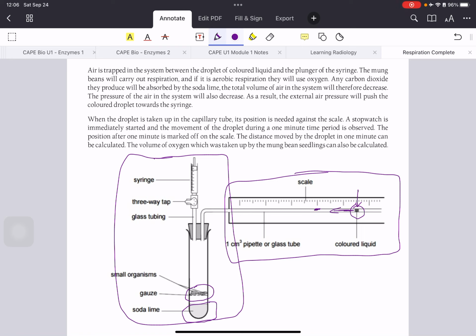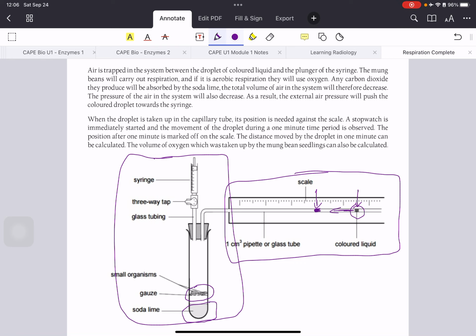So let's say after a few minutes it reaches here, so you measure from here to here, and you will see the distance that the liquid moved. You will have the time that you took for the liquid to move, and therefore you could calculate the rate, right? The rate is like speed, right? So therefore you use that way to calculate the rate of the reaction. It's a very simple experiment, a very easy one as well.